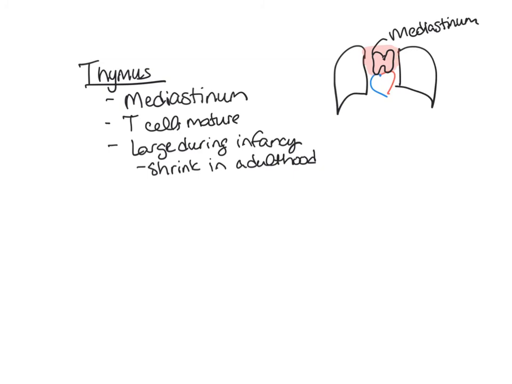So the T cells are produced in the red bone marrow, and then the stem cells are transported to the thymus, and that's where they mature, and then they are going to migrate into the bloodstream.